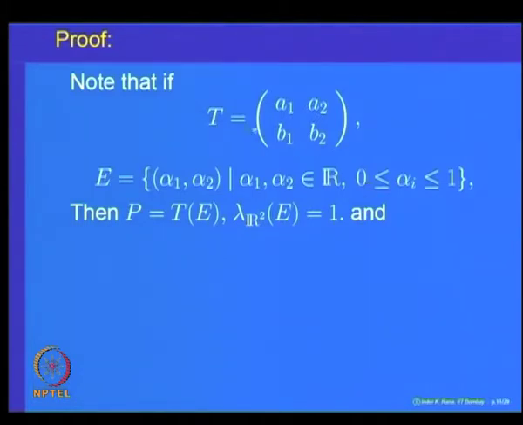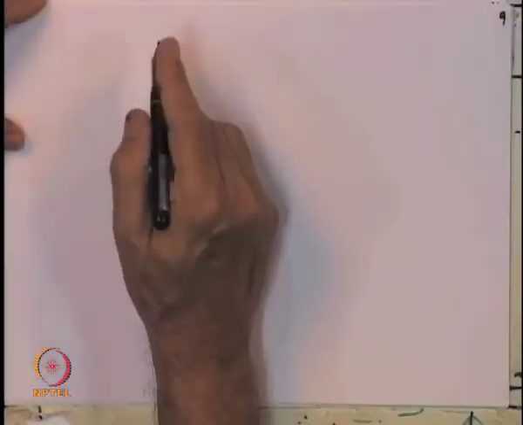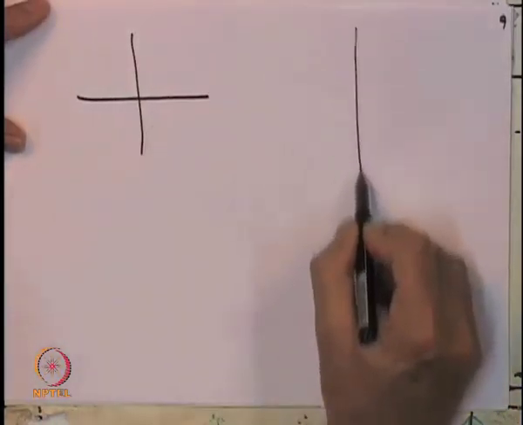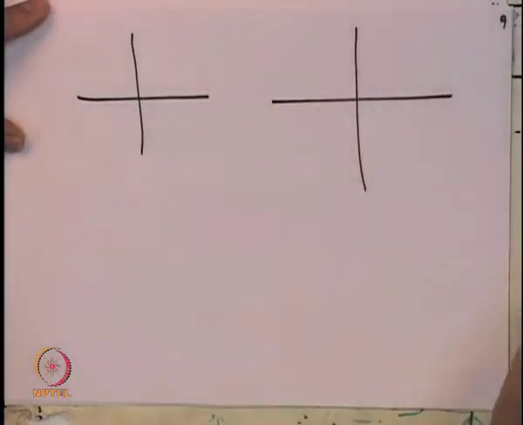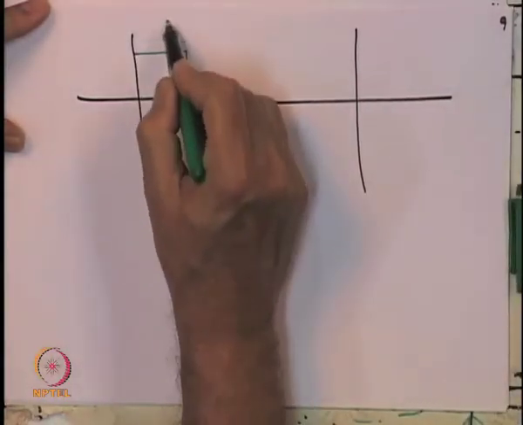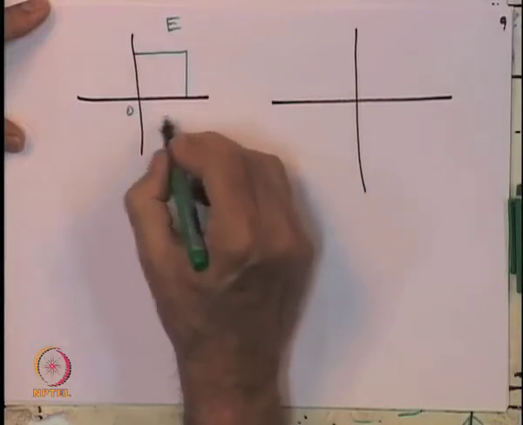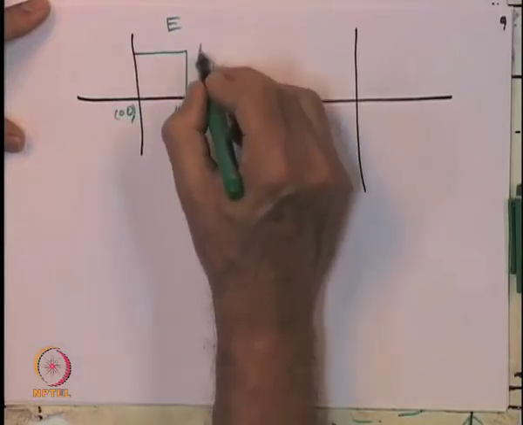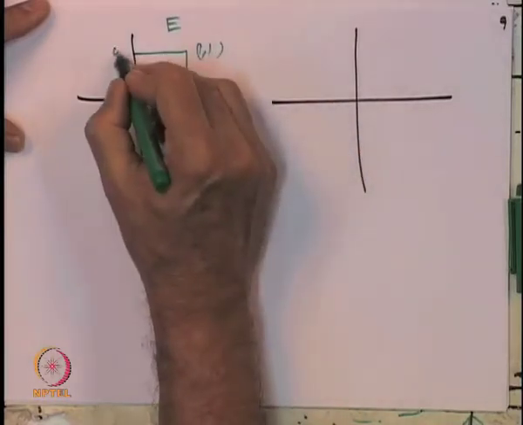And if I look at T of E, so any point alpha 1, alpha 2, what will this be? So, here is the set E, which looks like this: 0 0, this is 1 0, 1 1 and 0 1.